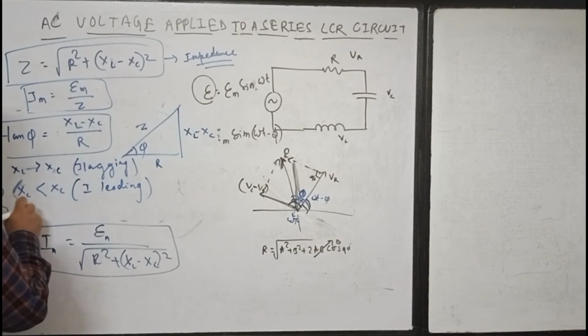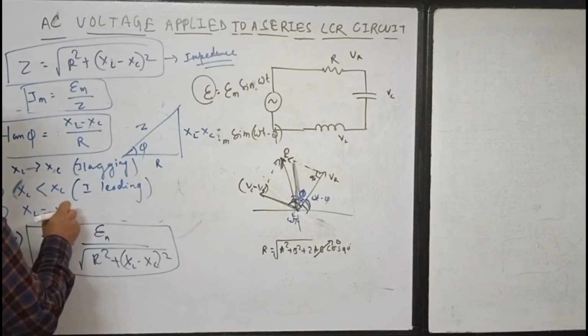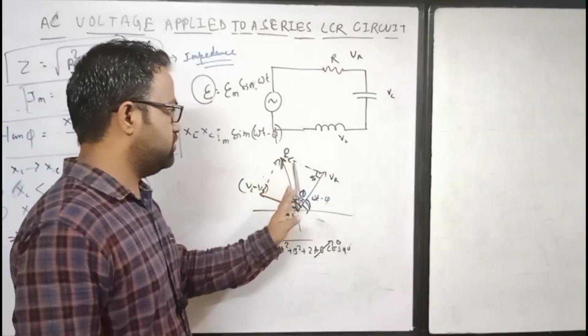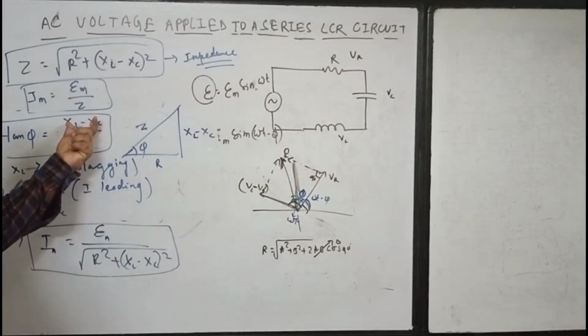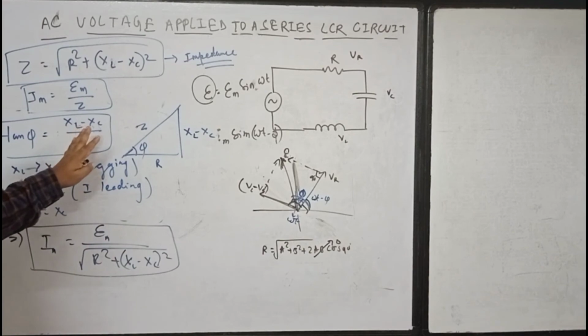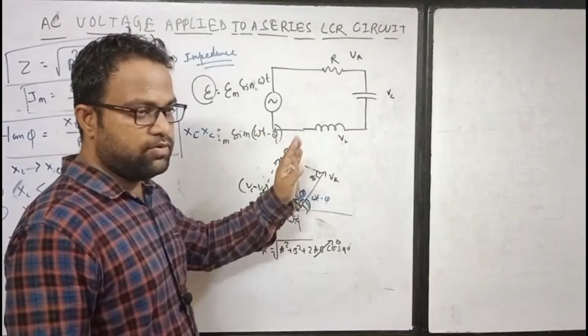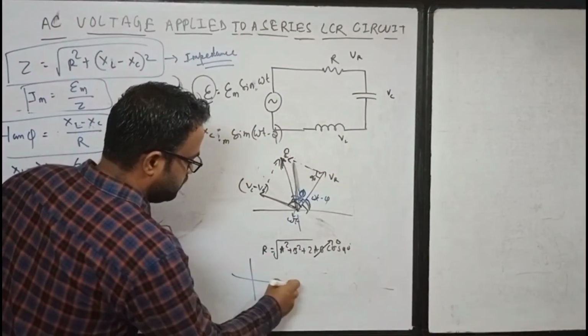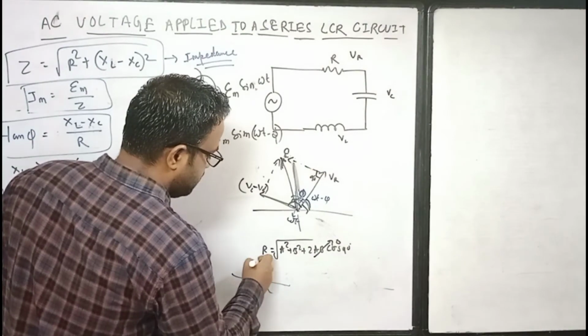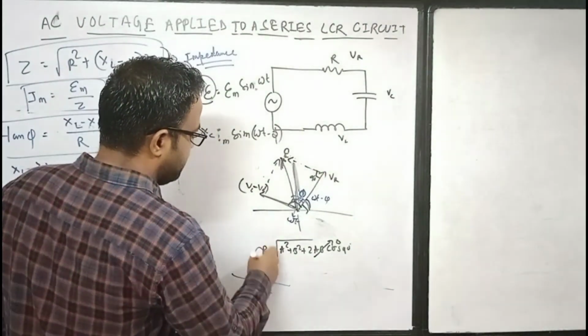Now the third case, XL equal to XC. If both XL and XC are equal, it will be 0. So tan phi will be 0, that means phi is 0 degrees, that means both current and voltage will be in the same phase, right? So if current is this, voltage will be like that, so there will be a resonance.